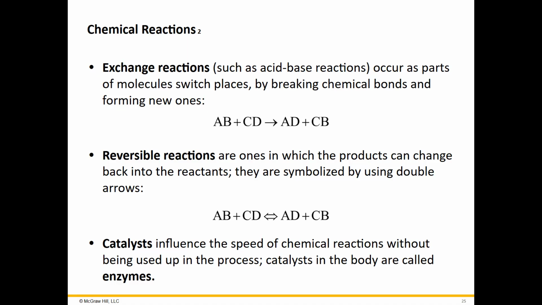Now, a catalyst changes the speed of a chemical reaction. That's all I want you to know. A catalyst is something that changes the speed of a reaction. It can slow it down, it can speed it up, but if it changes that speed, it is called a catalyst. Think of a catalyst for change. The thing that causes the speed of a change is your catalyst.